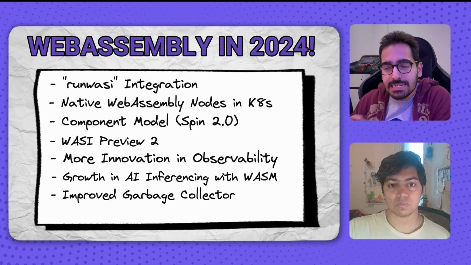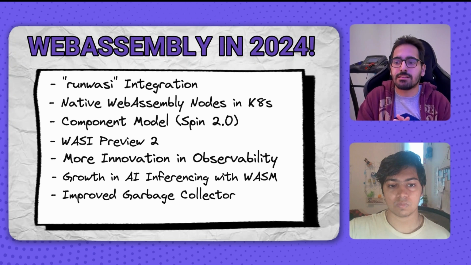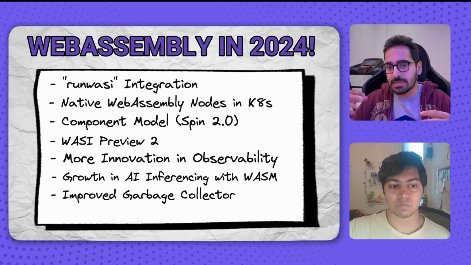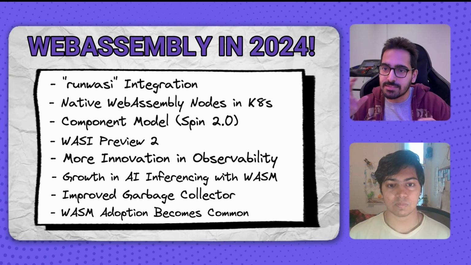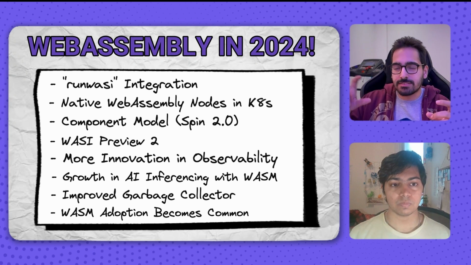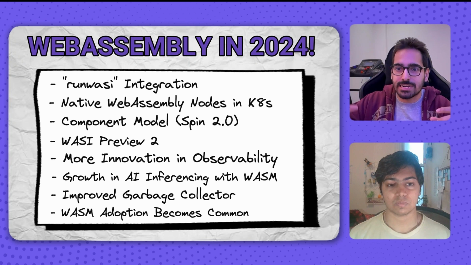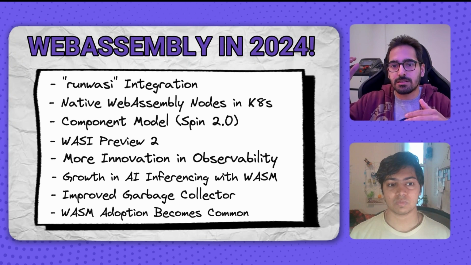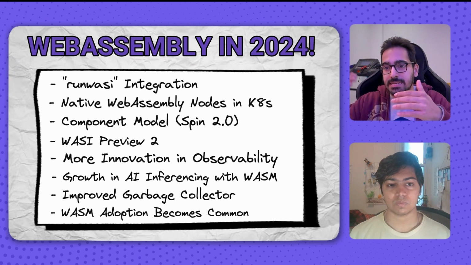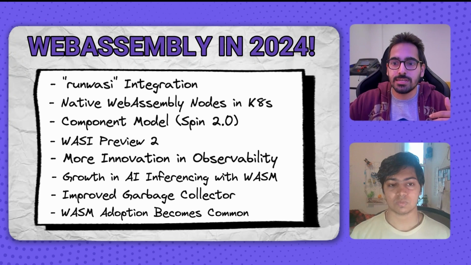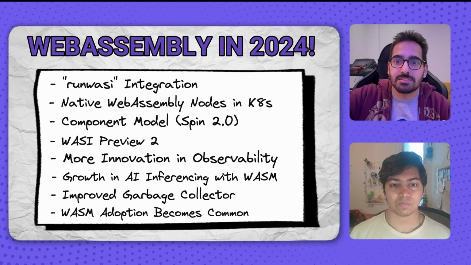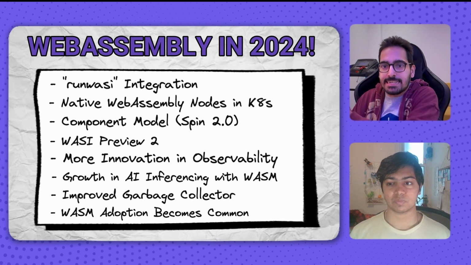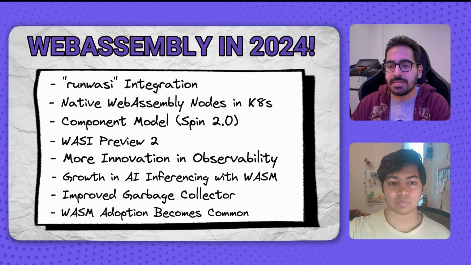On the adoptability side of things, I think this year can prove to be one of the years where WebAssembly adoption becomes very, very common. Why do we see this? We have seen different conferences like WasmCon, WasmIO, Cloud Native Wasm Day. And if you see the type of talks being delivered, people are bringing more and more use-case-based talks, which shows people are actually using, implementing, and getting things to production using WebAssembly on the server side.